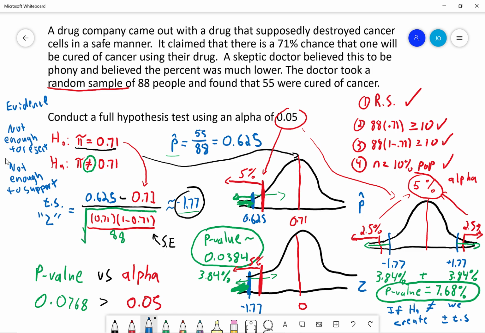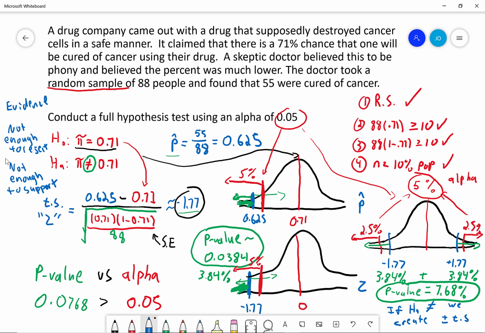It's kind of interesting that many times you may need a more extreme test statistic to support an HA of does not equal to. Intuitively, you may think it's easier to support that claim, just being different than 71%. Now, you still have the same type 1 error rate of 5% if you held that constant.